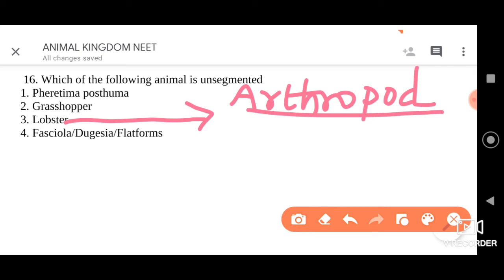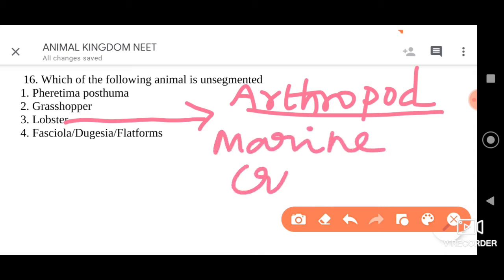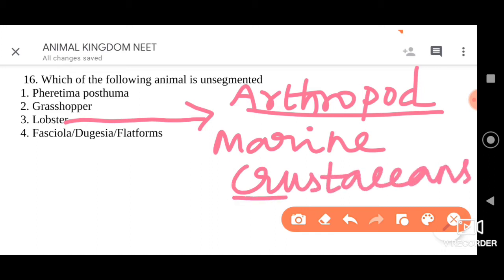So here, let me tell you that lobsters are very large marine crustaceans, which belong to the phylum arthropods.